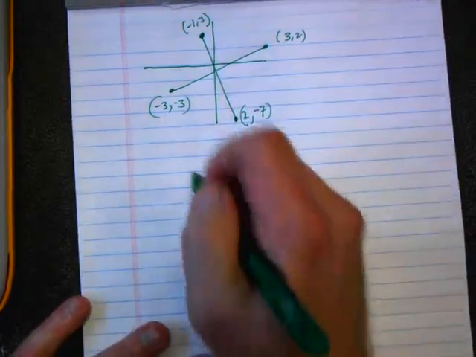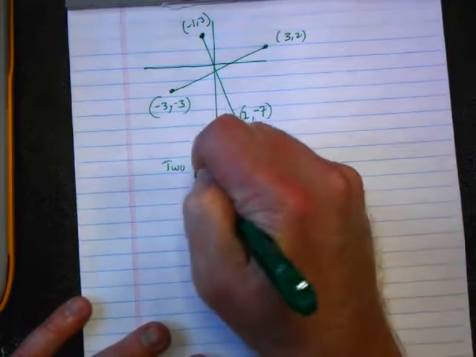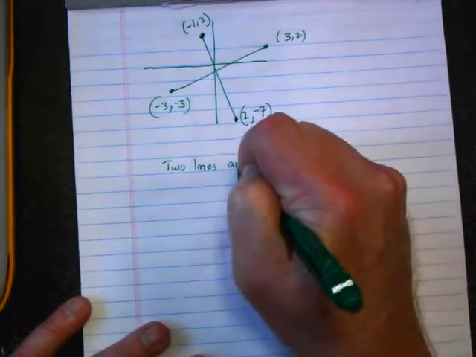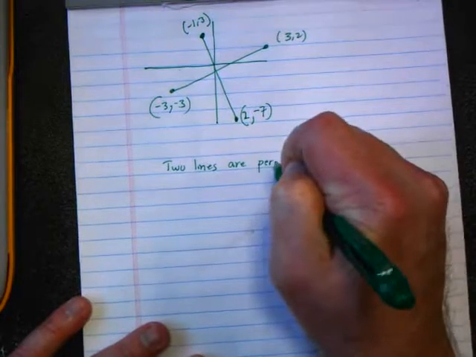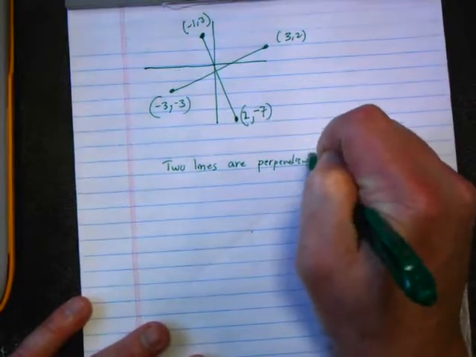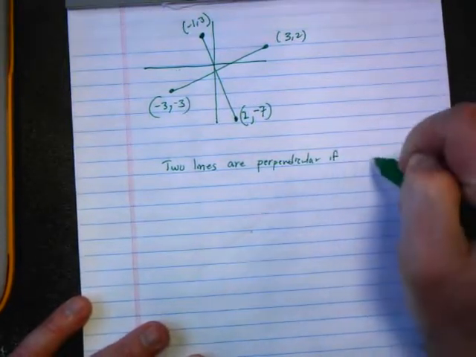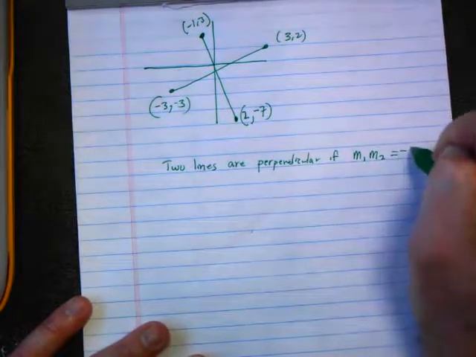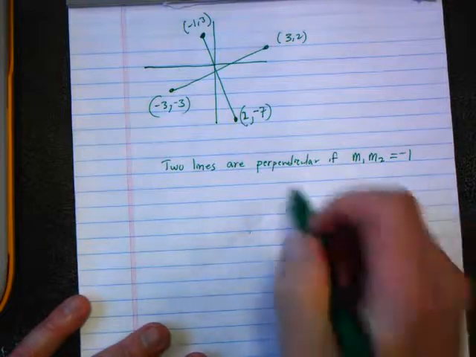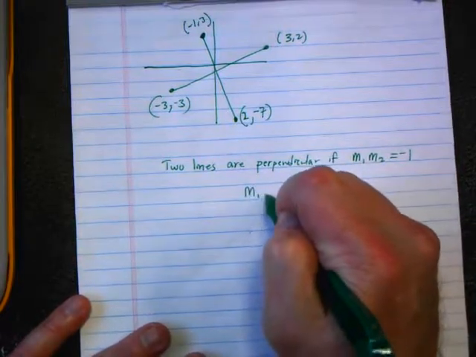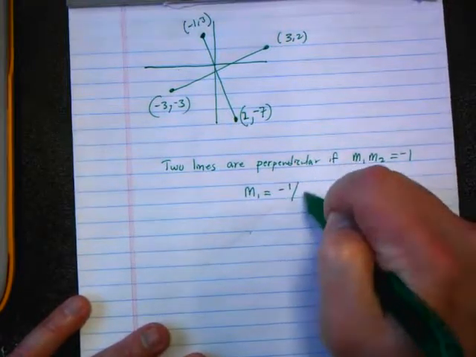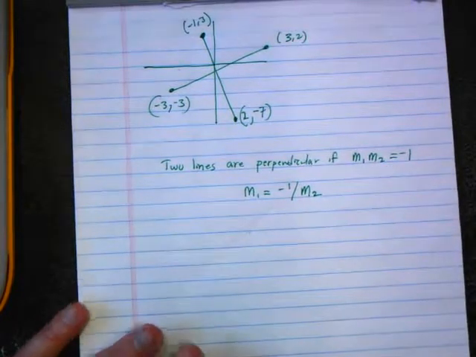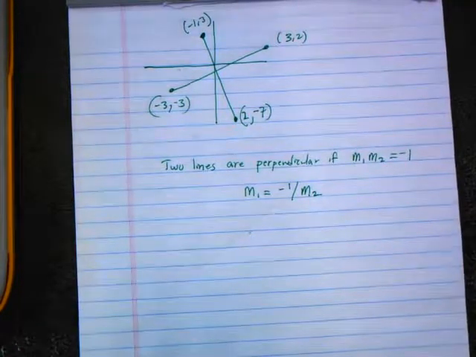The rule is, two lines are perpendicular if, when you multiply the slopes together, you get an answer of -1. That's the same as saying the slope of the first one is -1 over the slope of the second one, which is the way you worded it.